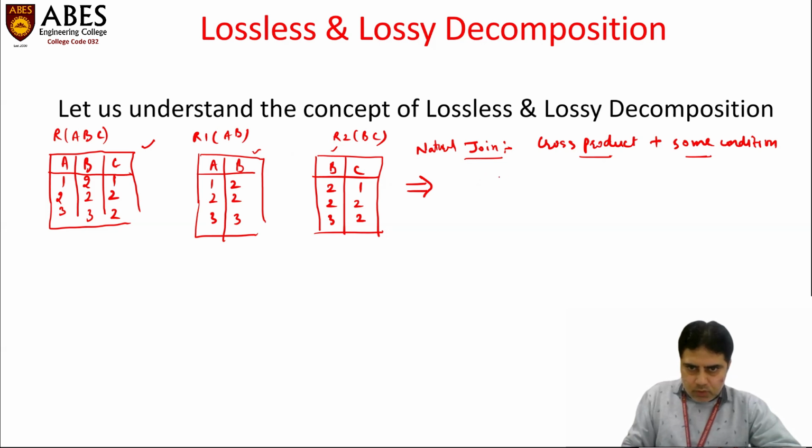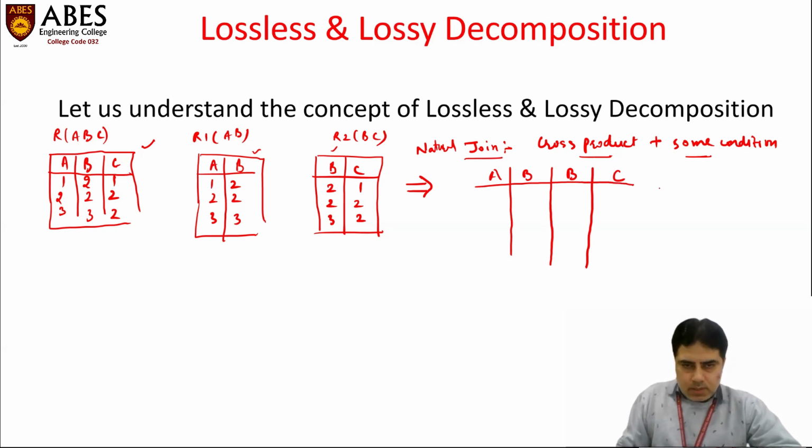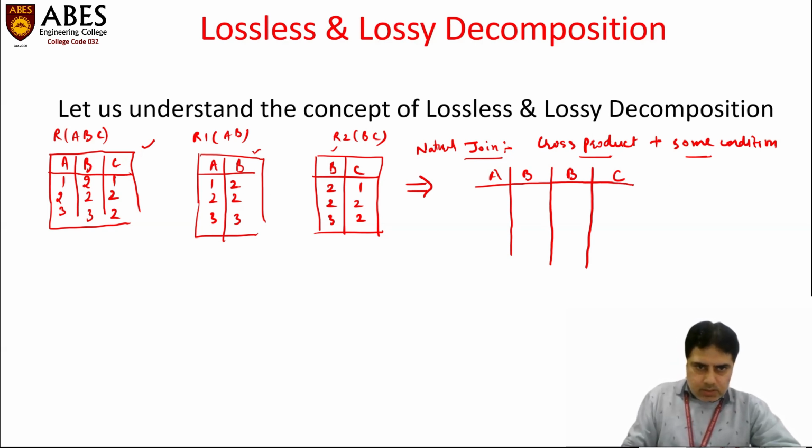Now the cross product table has the attributes added: A, B, B, and C. And the tuples will be multiplied. Here, 3 rows and here 3 rows.